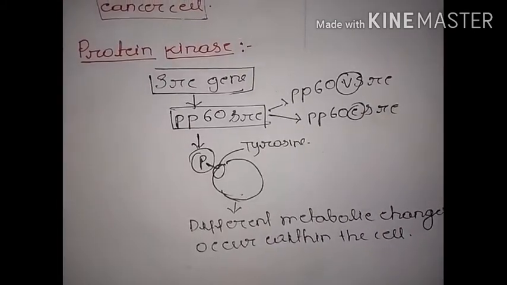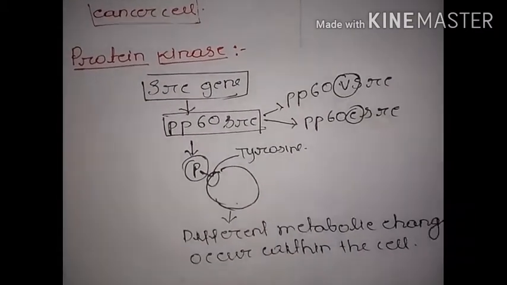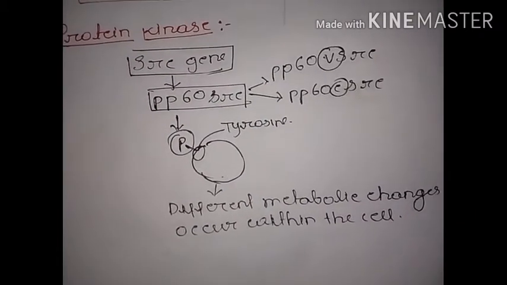Suppose there is a mutation in the SRC gene, and it leads to excessive phosphorylation.